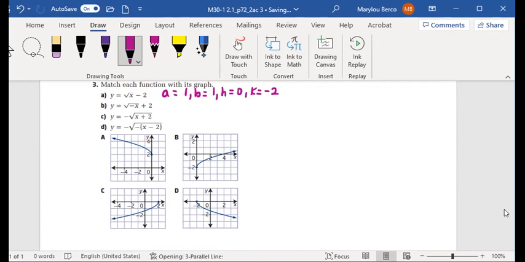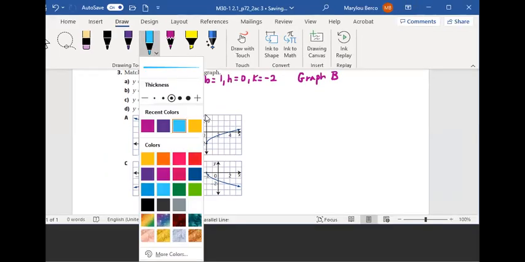So the graph of y equals root x is translated 2 units down. So the graph 2 units down will be B. So therefore, I will put here graph B.